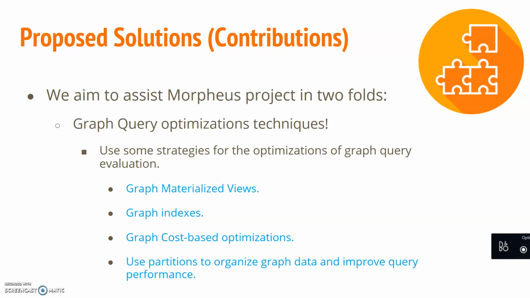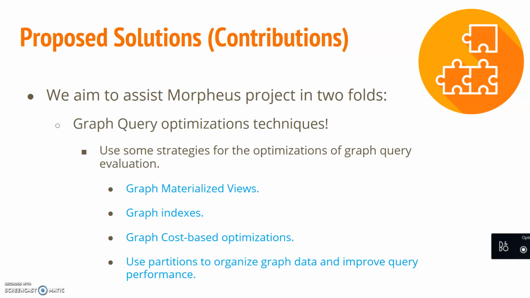We propose to provide some graph indexes on the efficient storage backends. We will discover these from the previous contribution, as we have mentioned, and then we can propose some graph indexing on those storage backends. We also think of providing some graph materialized views to efficiently help in the query evaluation.